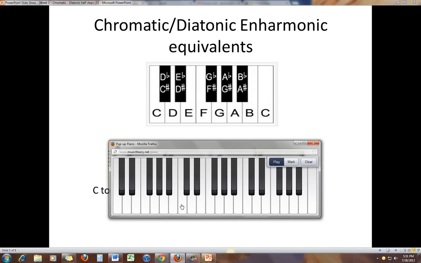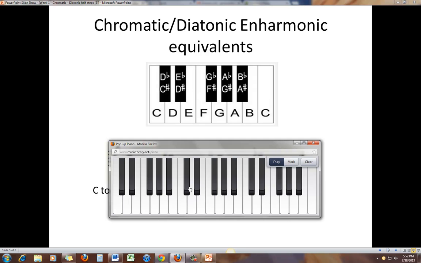But once again, as we get further into this, there are going to be times when things need to be spelled chromatically, and many more times when things need to be spelled diatonically and you need to avoid spelling things chromatically. So the note C to C sharp, C to D flat.